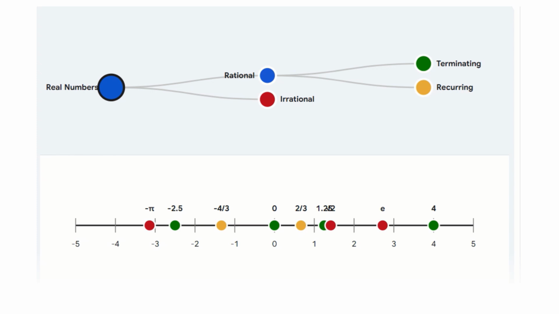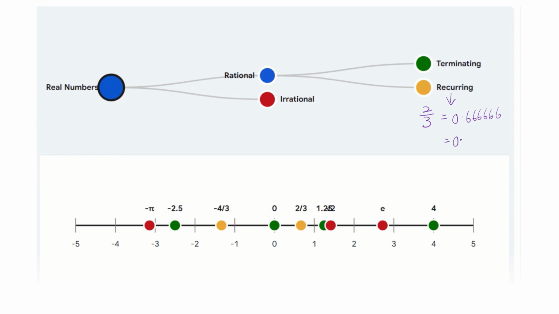And what are real numbers? Real numbers are any numbers that you can find on the number line. Right. So recurring numbers are numbers such as 2/3. If you were to use a calculator, you will have 0.66666. So you see this number 6 recurs.